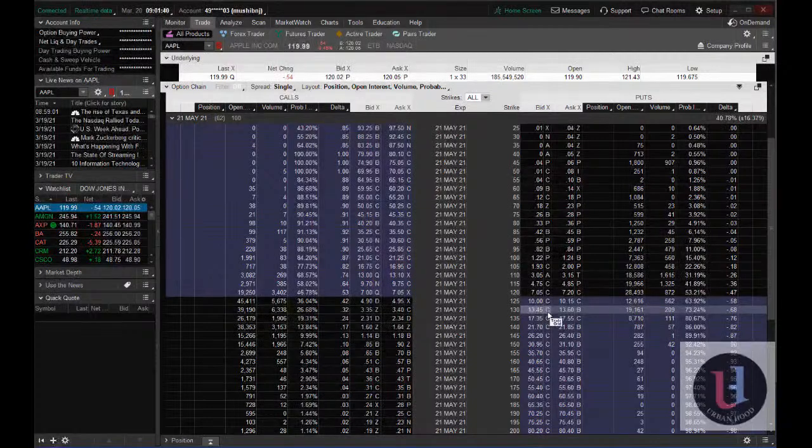So if you're a buyer of this put, and Apple went down to let's say 120, you are going to be able to make money. If you're a seller, it's the other way, but as a buyer, you're going to keep making money.